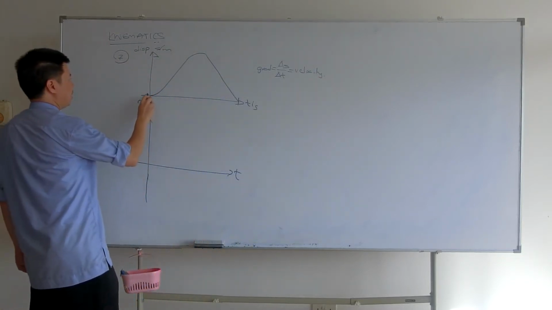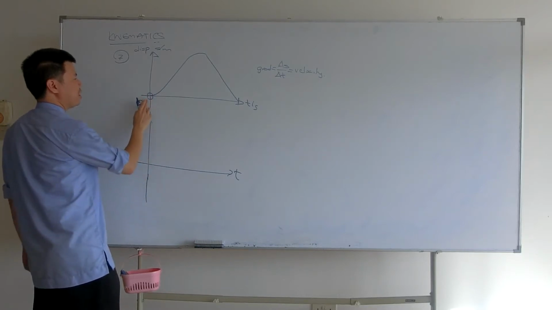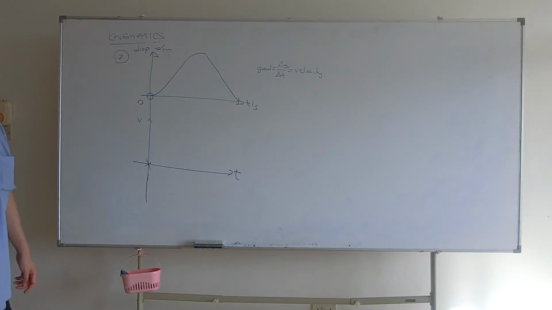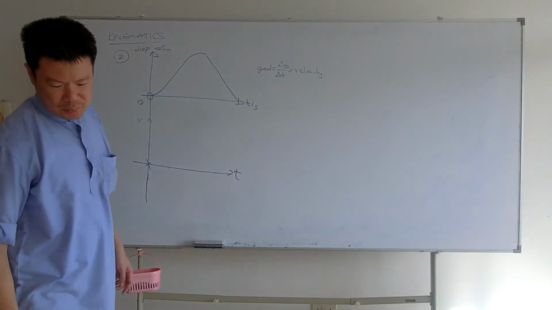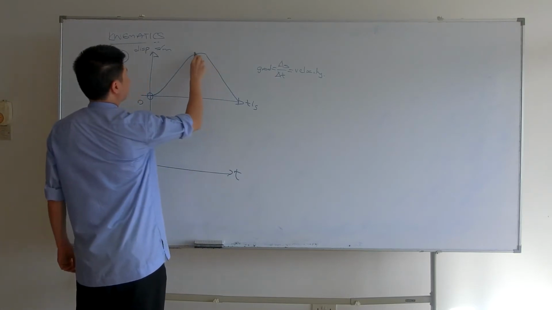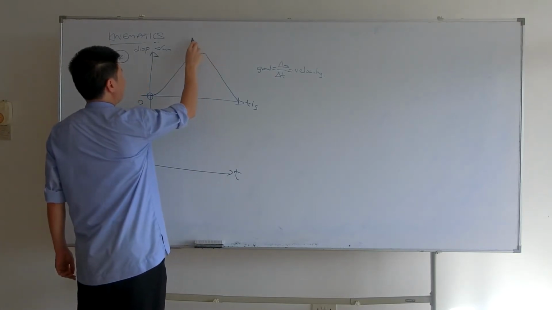At the beginning, displacement is 0 and time is 0, so we have a marker here for our location. Then we also have a graph that is curved, so let us find 2 points.